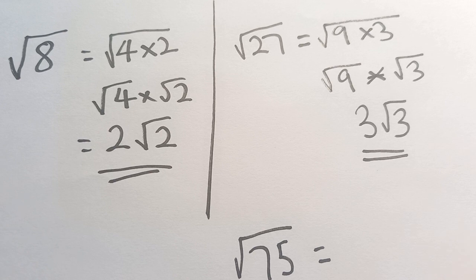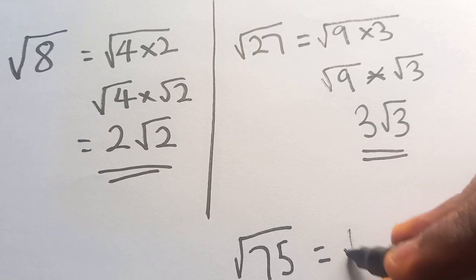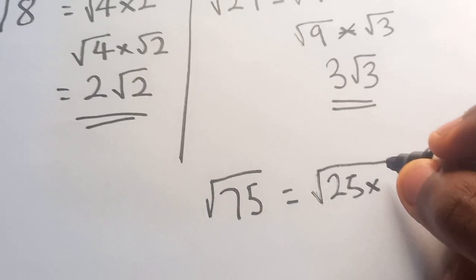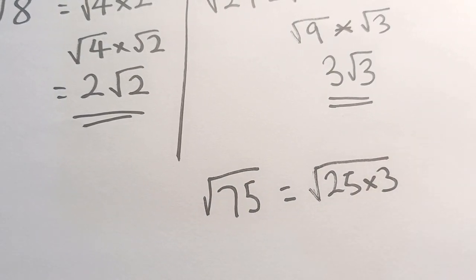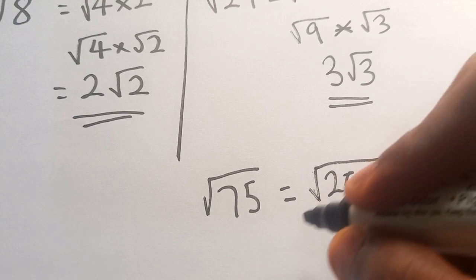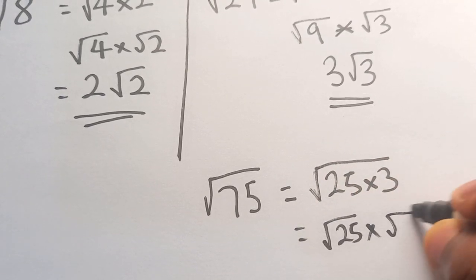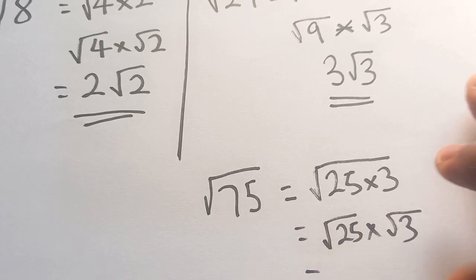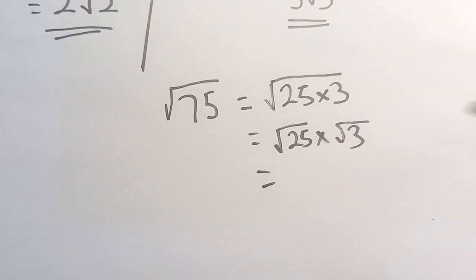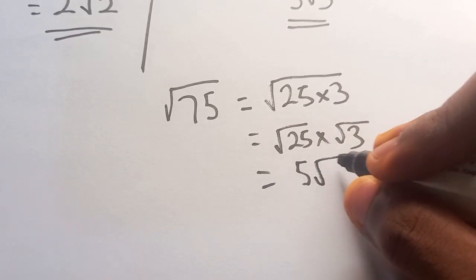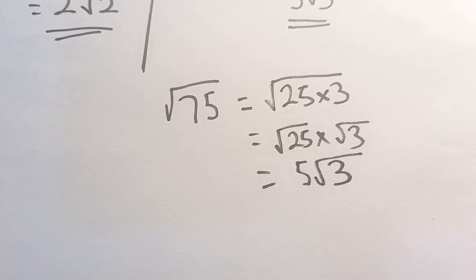And so we use square root of 25 times 3. Always know the one rule we always write. So square root of 25 is 5 and square root of 3 stays as root 3 because it is not a perfect root.